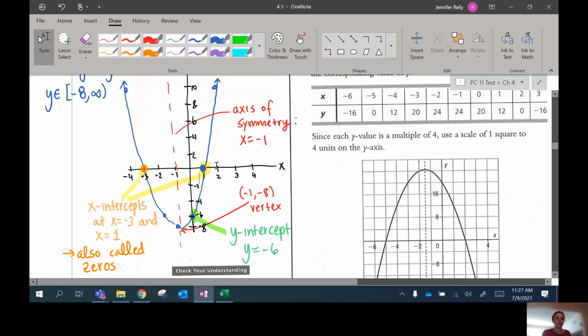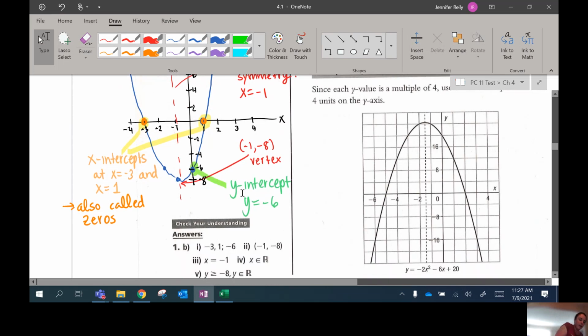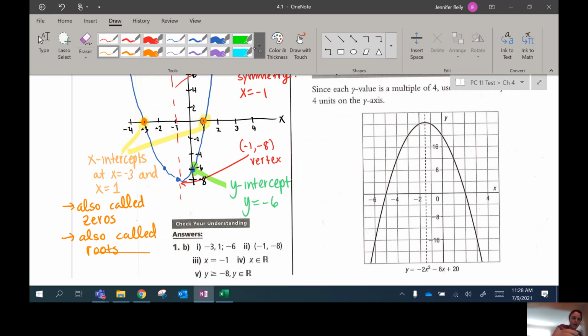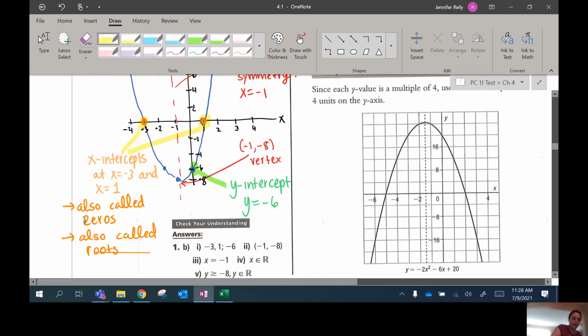So if you set the equation to 0 and solve it, that's where that would happen. So they're also called zeros, and they're also called roots. We used that word a bit in the previous unit. So they could be called x-intercepts, they could be called zeros, they could be called roots. Those words are all interchangeable.